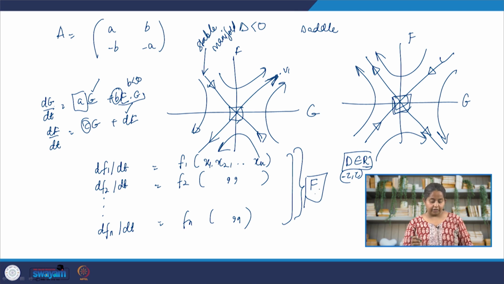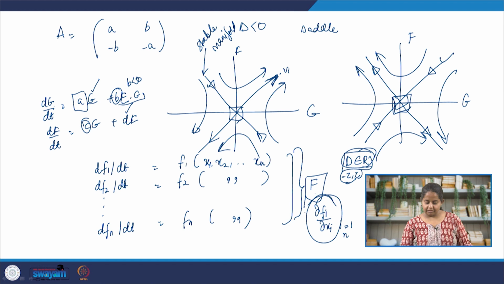So all partial derivatives of F, del Fi by del Xj, i ranges from 1 to n, are continuous. In that case, a unique solution will exist for the system F in this domain D for time interval minus tau to tau. Basically, you want a continuously differentiable system in a given domain for a time range, continuously differentiable for all partial derivatives of F for all variables.